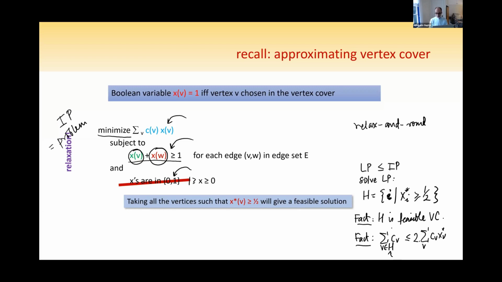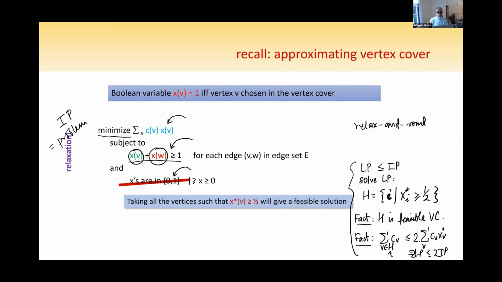And so for every vertex in H, the contribution to the left is 1, and the contribution to the right is 2 times at least 1/2. And that's it. So this is the LP value, 2 times the LP value, which is at most 2 times the IP value. And so you're done. So this was our approximation last time for vertex cover.